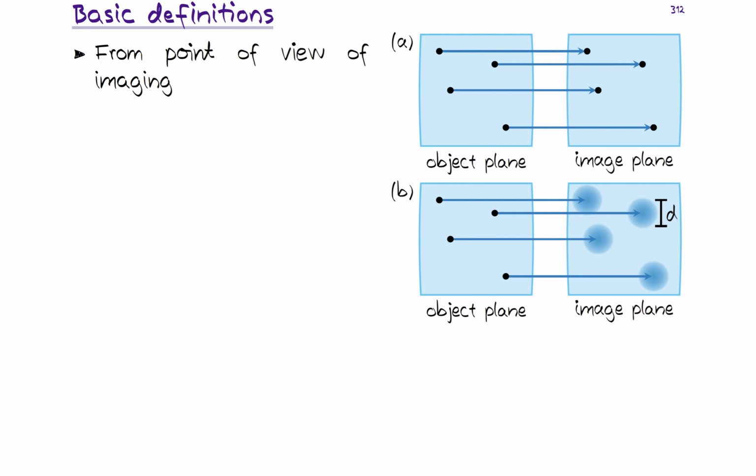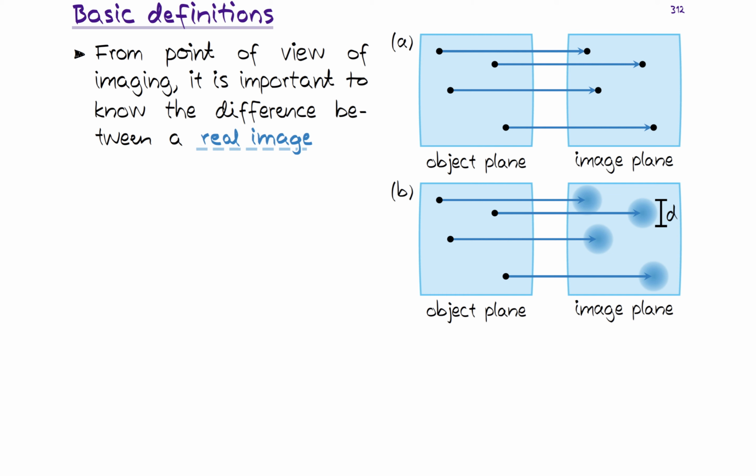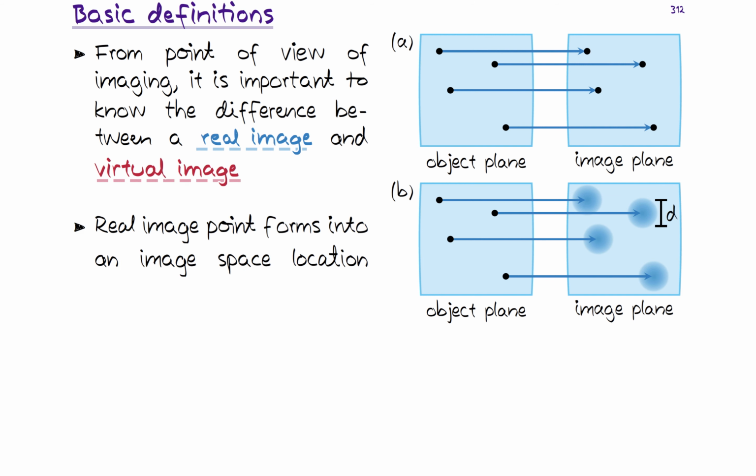And then the final thing I'd like to mention when we're looking at imaging: it's also important to know that there are two different kinds of images. There is a so-called real image and also a so-called virtual image that can be formed. In simple terms, if you're considering a real image point, it really forms at an image location where the incident rays physically cross each other.